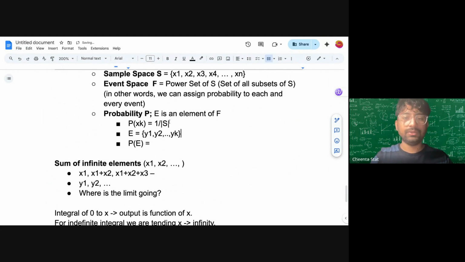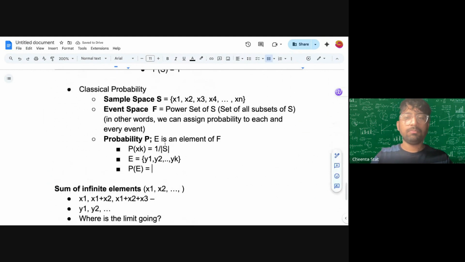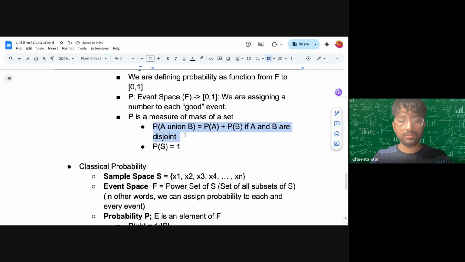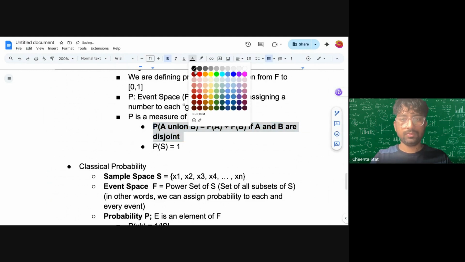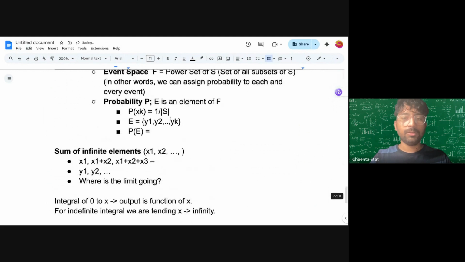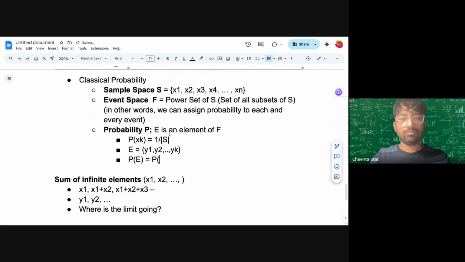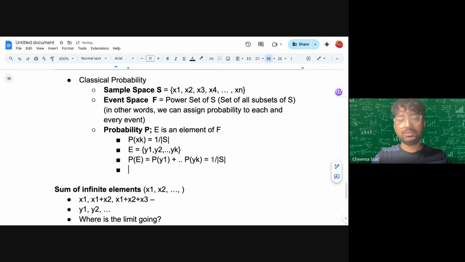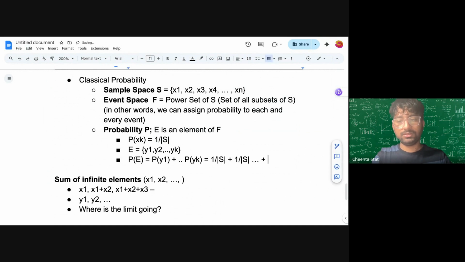By this property, the probability of E is the probability of y1 plus dot, dot, dot, plus the probability of yk, and each of them is 1 by S. So it's 1 by S plus 1 by S, dot, dot, dot, k times.